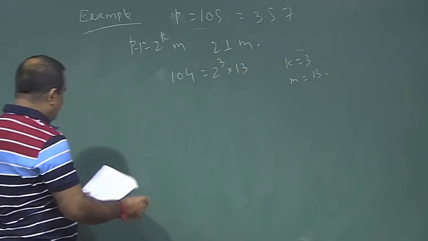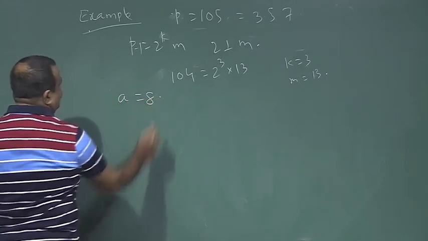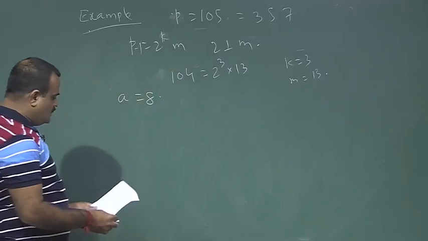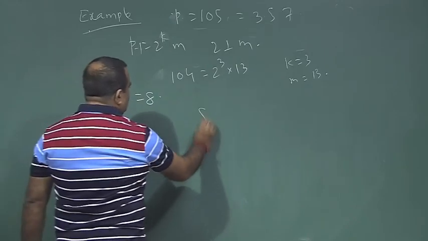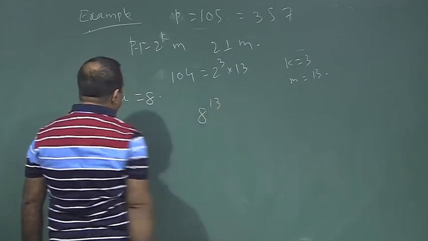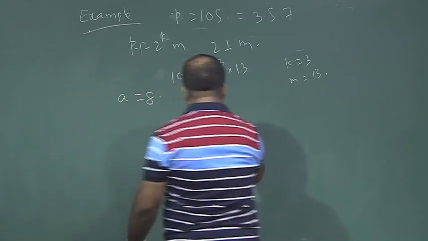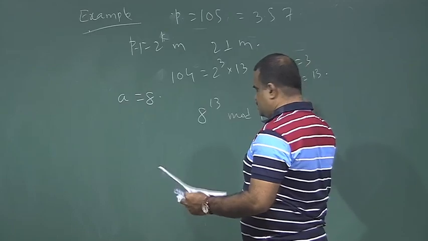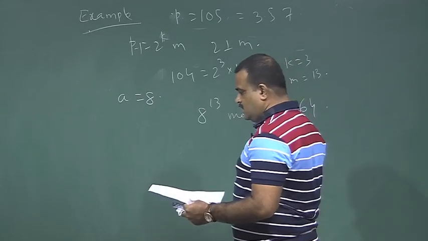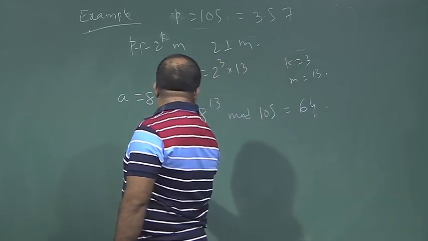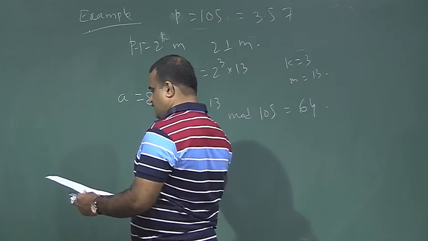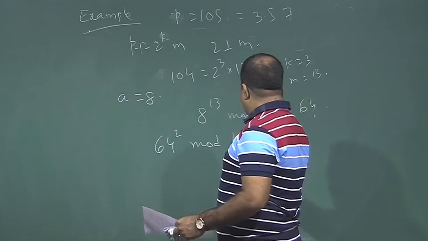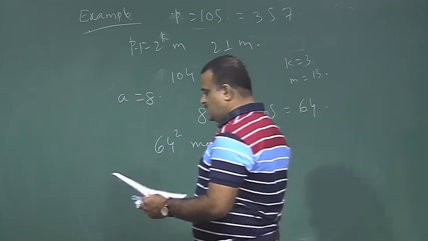Now, we choose a, say a is 8, such that GCD of a and p is 1, and then we compute a to the power 13 mod 105. This gives us 64, and then we compute 64 square mod 105, this is b square, which gives us 1.